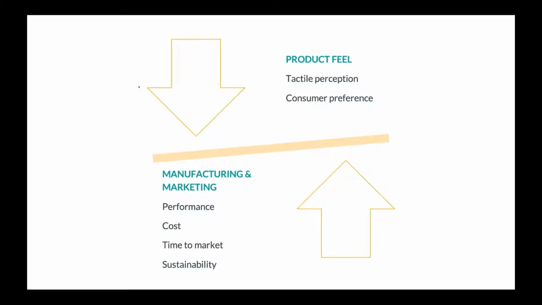and what might drive in the opposite direction are things behind the scenes, things that we all may be interested in from a manufacturing or marketing perspective. Considerations to performance, considerations to cost, whether that's cost to manufacture or the purchase price, the time to market, as we, the wipe developer or product developer, need to launch, iterate, and produce a product. And more recently, we've seen a very large push in sustainability.